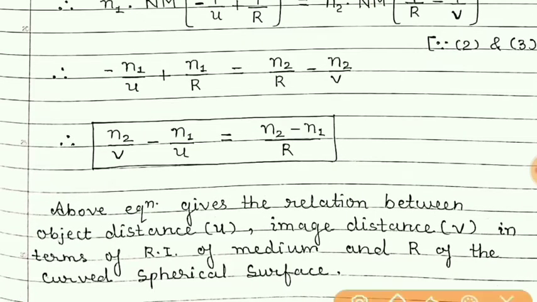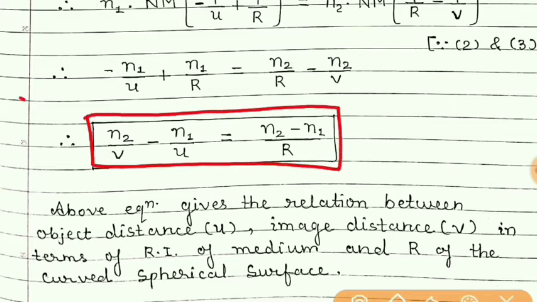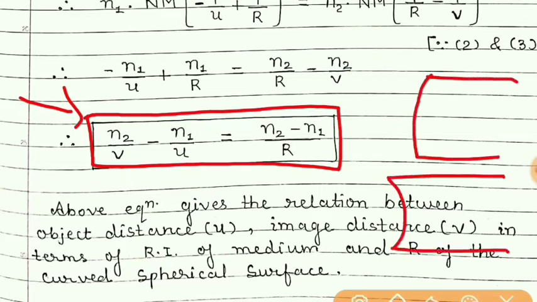So students, after one or two simple mathematical steps, you will get this equation. So this is the equation which can be used for a spherical curved surface. That curved surface can be convex or it can be concave. This equation is applicable to both types of surface, convex or concave.